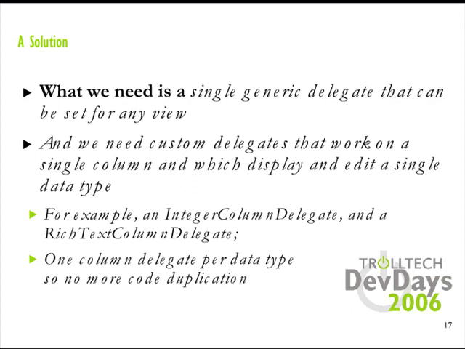And what you do is you customize the generic delegate, not by re-implementing, not by subclassing, but by giving it little delegates that apply per column. Okay? So you might give it an integer delegate that works on a particular column, a text delegate that works on another particular column. And we'll see an example of that as we progress.